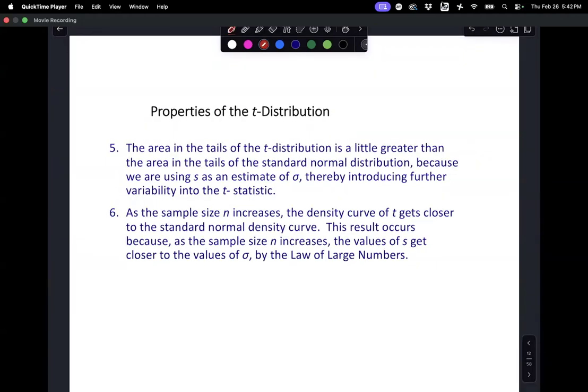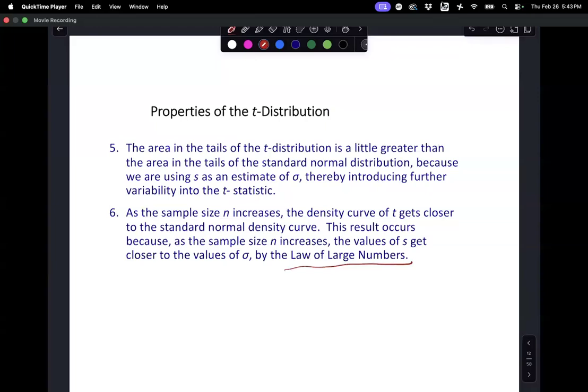As I just said, the area in the tail is a little bit greater than with the Z distribution. It's because we're using samples and smaller sample sizes. As our sample size gets bigger and bigger, our curve for the T is going to get closer and closer to the same curve as we have with Z, because of the law of large numbers.